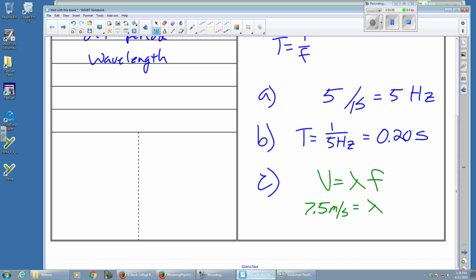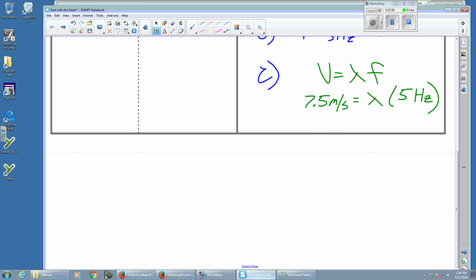It's going to equal my wavelength times my frequency of 5 hertz. And so I'm going to get a lambda of 1.5 meters, because I'd have 7.5 meters per second divided by 5 hertz, which would give me 1.5 meters.